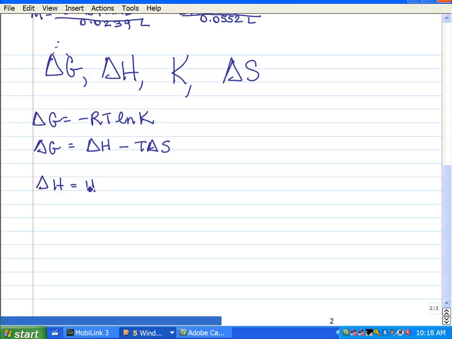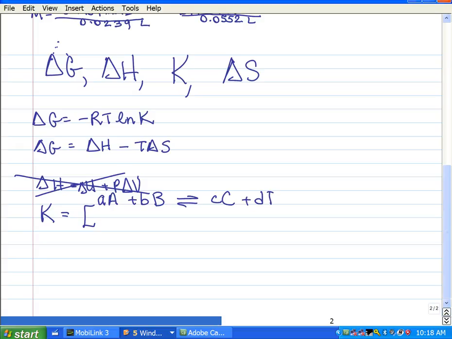For K, it's just K. But we also know that we can calculate K for any reaction that has reactants going to products to be the product of the products raised to the power of their stoichiometric coefficients over the reactants raised to the power of their stoichiometric coefficients.